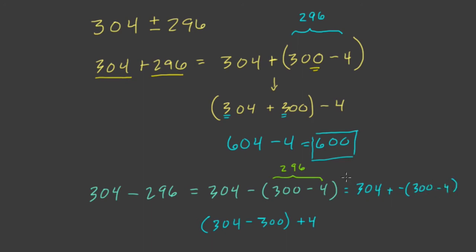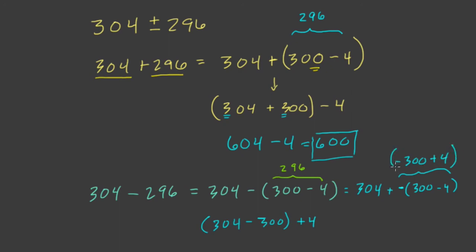This might help you just because you're wondering, well, how can we reassociate? Usually the associative property is only for addition. Well, we can think of this in terms of addition. Now here, this number, we distribute the negative 1. This negative sign is really a negative 1. You can think about it that way. And then we get what? When we distribute the negative 1, we get negative 300 minus 4 is plus 4.